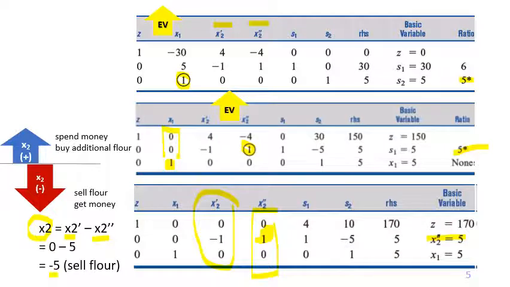So x2 in our original problem equals minus 5. In other words, we will sell 5 ounces of flour. And then here x1 equals 5 means that we will produce 5 loaves of bread. And then the revenue from doing that is 170 cents.